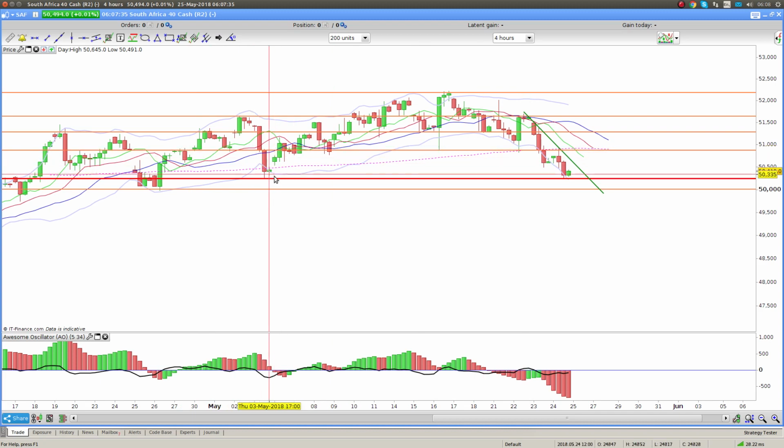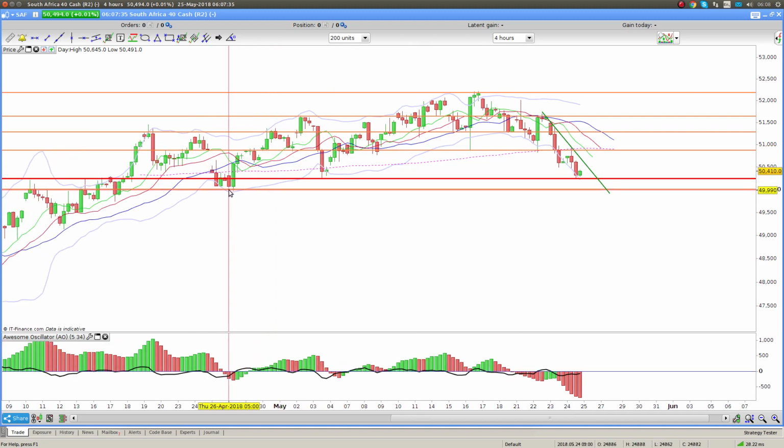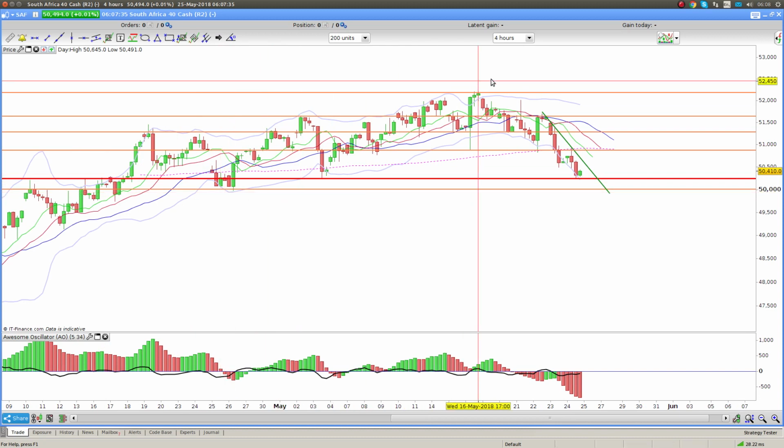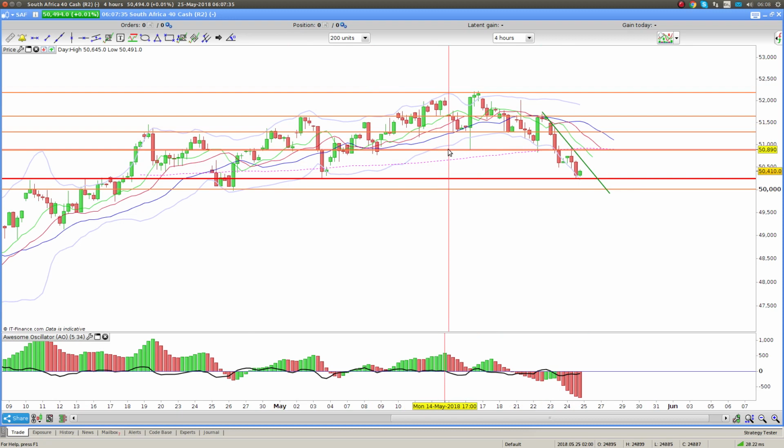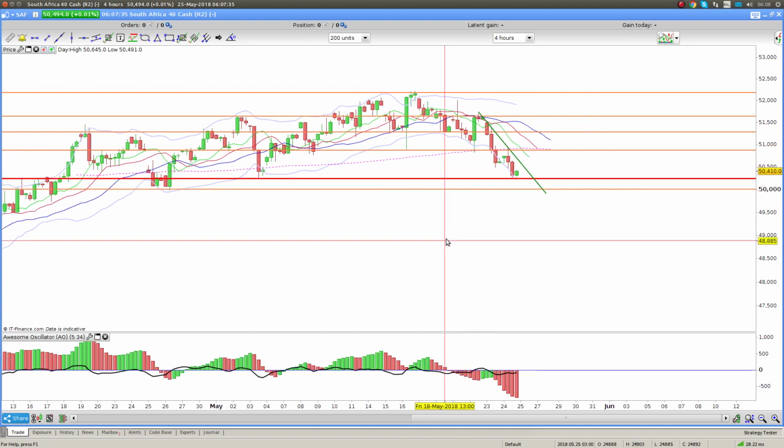So we're sitting over here, we've got another level here. So we're going to have to break sort of this level for me to start looking at a downside target for this head and shoulders breakout. Because to me, this is just a broader range at the moment.